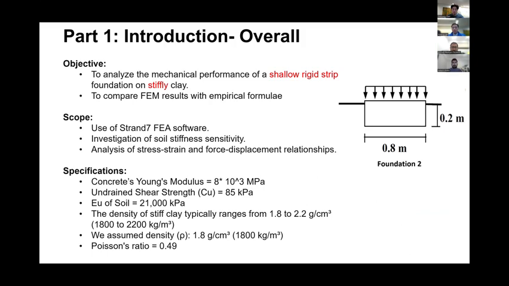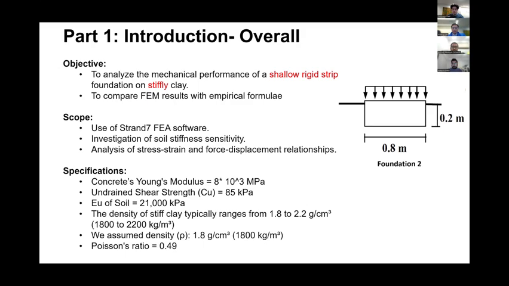As you can see on your screen, we have taken this type of footing where the breadth is 0.8 meter and the depth is 0.2 meter. The general specifications for our sample are given as the undrained shear strength Cu is 85 kilopascal and Young's modulus for soil is 21,000 kilopascal.